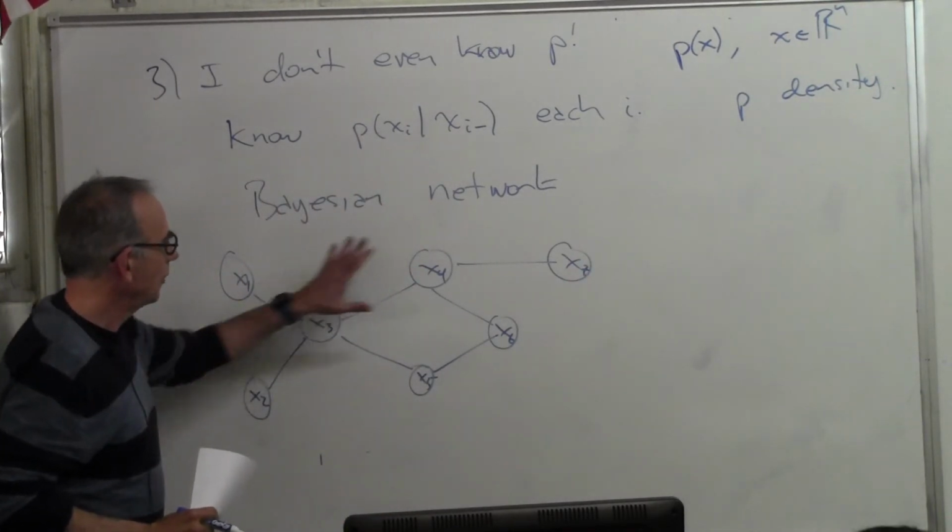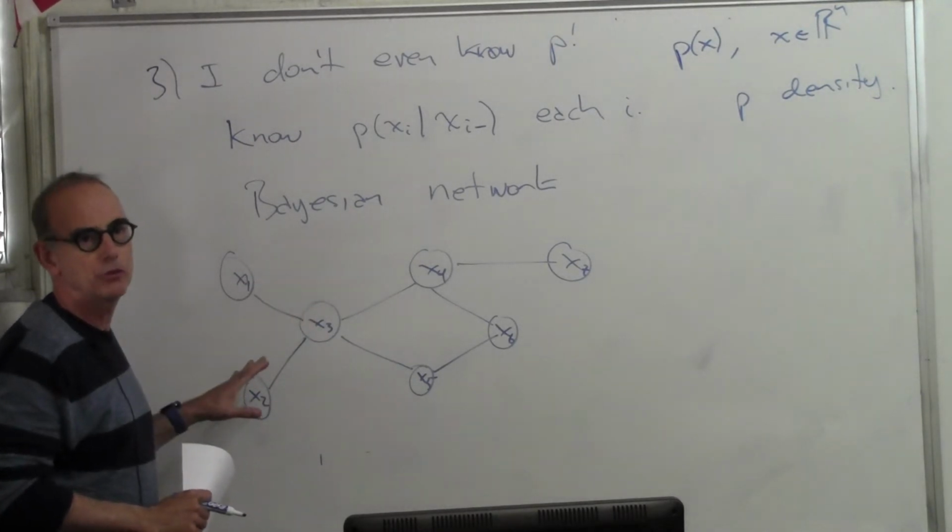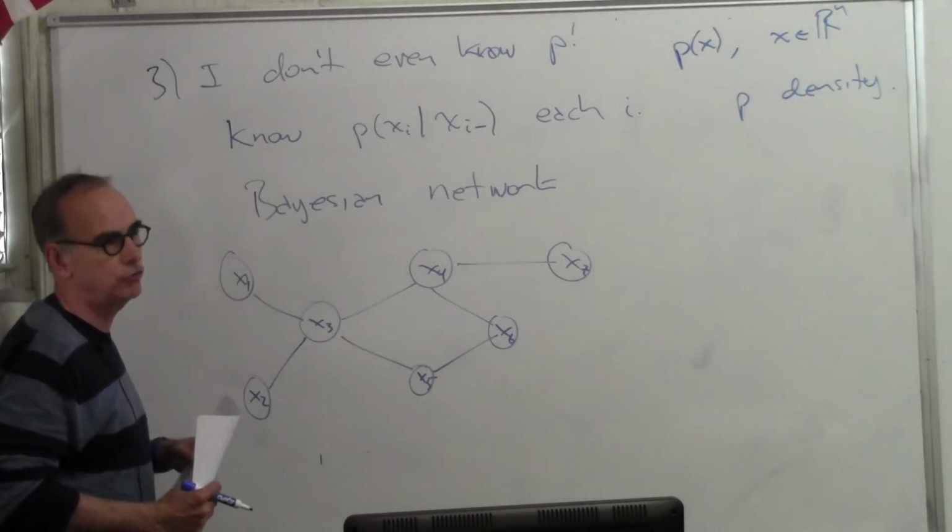What the graph represents is how random variables influence each other. So it's a generalization of a Markov chain.